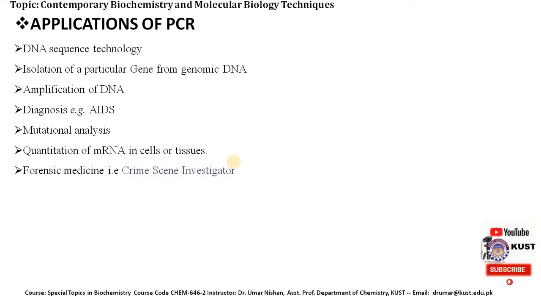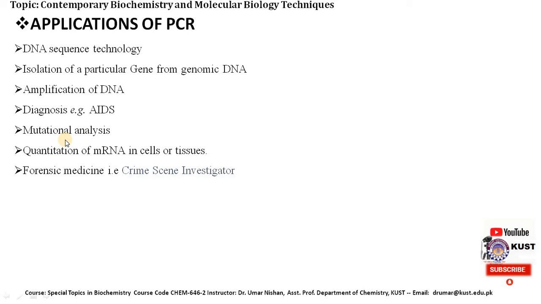Now there are numerous applications of PCR. One of the most important is DNA sequencing technology. We can sequence DNA through this procedure, isolation of a particular gene from the genome, and amplification of DNA, like we talked about. Diagnosis purposes, diseases like AIDS, for instance. Mutational analysis, you can compare different sequences and see if any mutation has occurred.